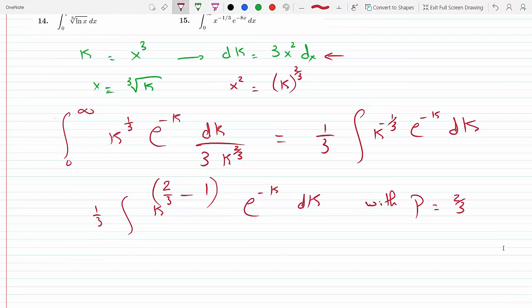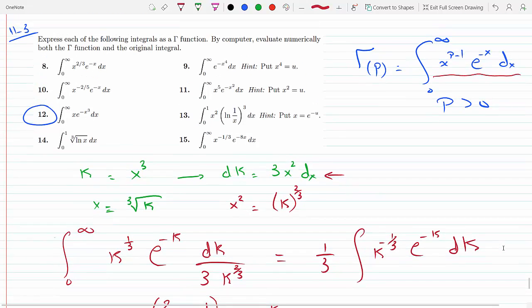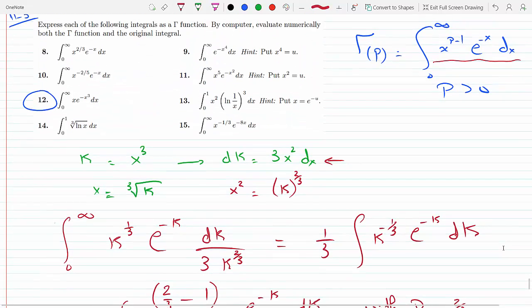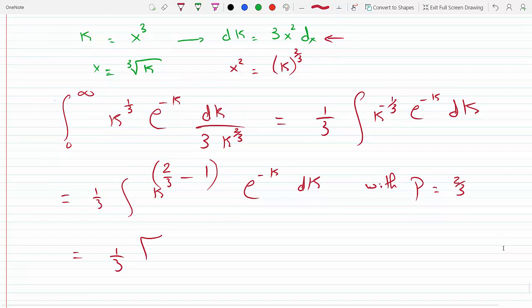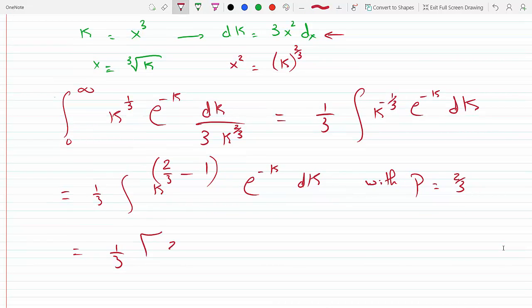So in other words, this is 1/3 times the gamma function, because that's gamma of p, where p is 2/3.